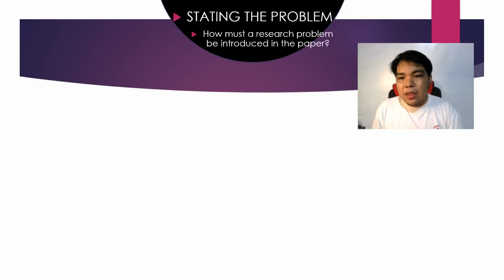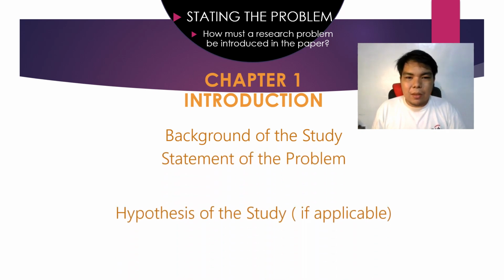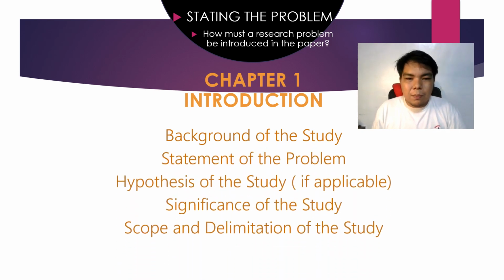This part of the chapter actually begins with stating the problem. How must a research problem be introduced in the paper? The first chapter of the paper must contain the following parts.